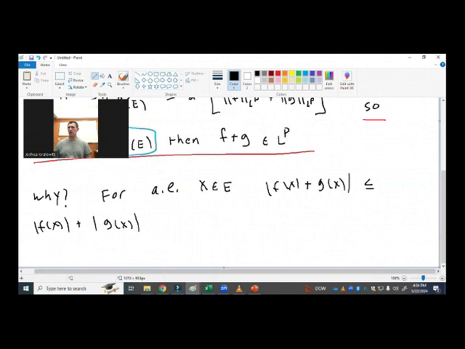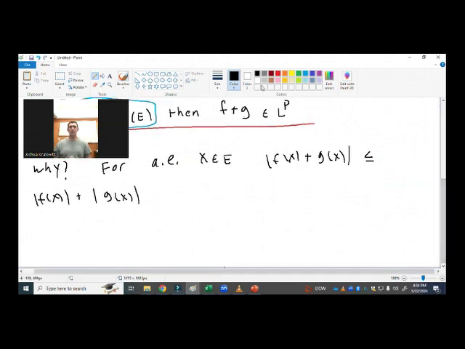And both of these are trivially less than or equal to the max of the absolute value of f of x and g of x.